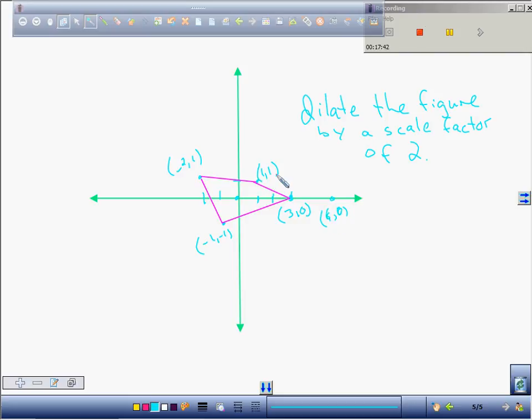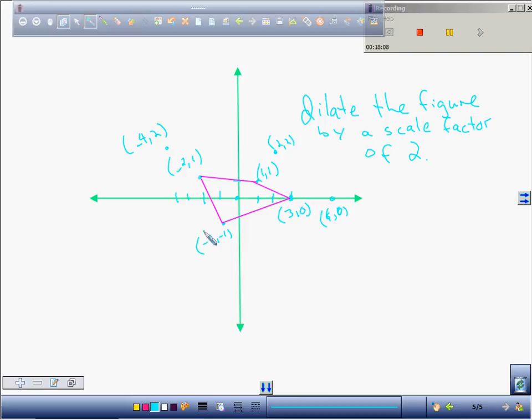Over 2, and up 2, okay? So that point's 2, 2. And this point becomes what? Negative 4, and up 2, okay? Negative 4, 2. And this point over here becomes negative 2, negative 2.